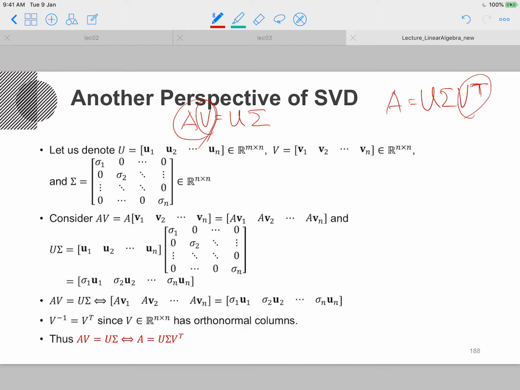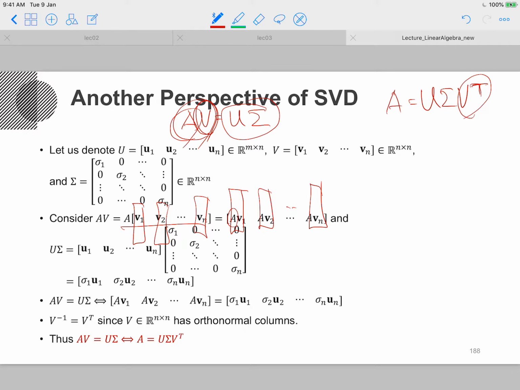That matrix V has orthonormal columns, and so this V will have those orthonormal columns, right? Then we multiplied A on the left, and each column can be represented as the same matrix multiplication of A with different linear combination coefficients of V1 and V2 and so on, right? So how we understand this is exactly the same as in the eigendecomposition case.